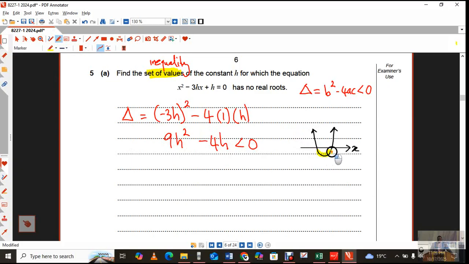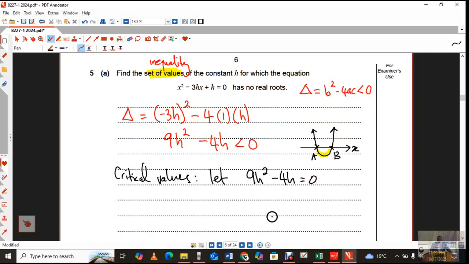Essentially I can say this is a value of something and this is a value of something, and I will be calculating those values. I'll call those values critical values. So for those critical values of a and b, I'm going to let this 9h squared minus 4h equal 0. So I can treat it as an equation and find what my values of a are. But I know my answer will be a range that is between a and b.